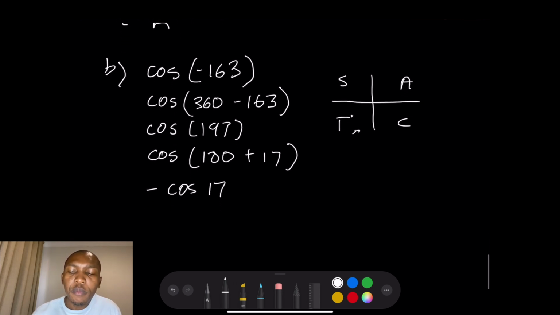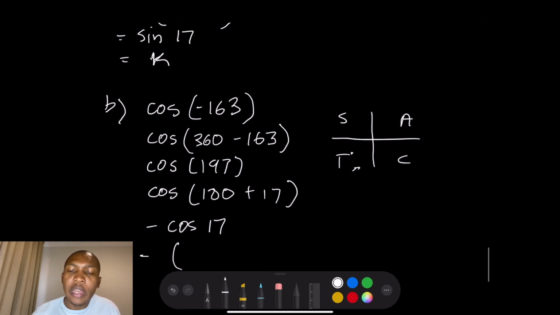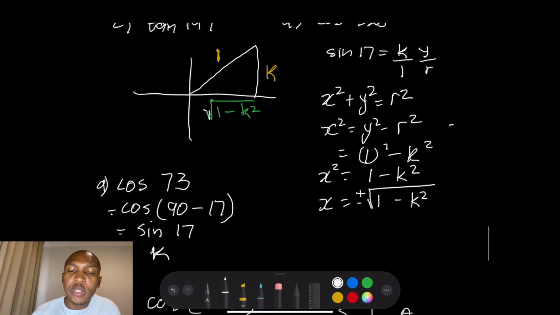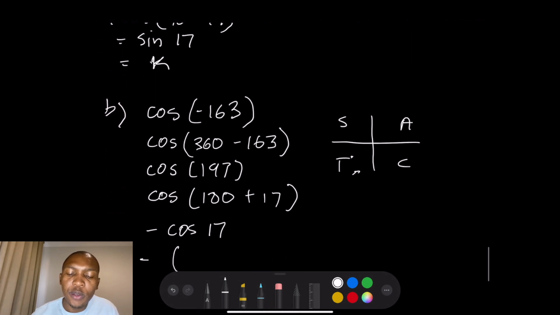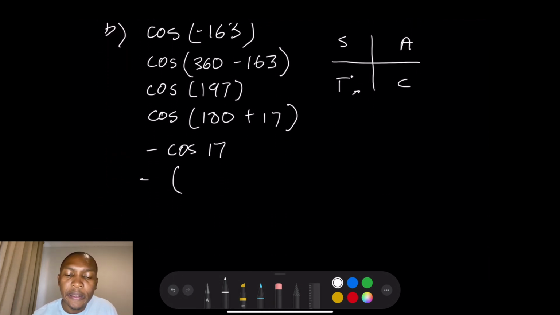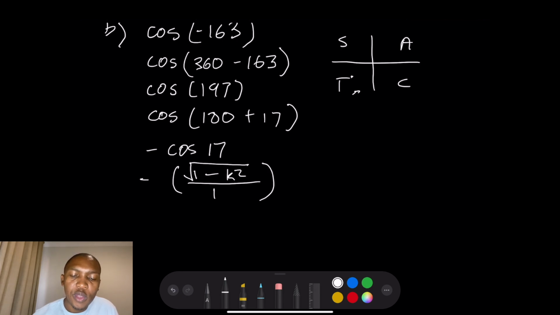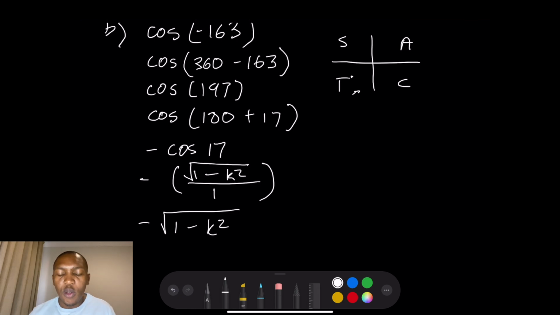Cos is x over r. Our x value is square root of 1 minus k squared, and our r value is that 1 there. So that's square root of 1 minus k squared divided by 1. And so that will be minus the square root of 1 minus k squared. All right, so that is our final answer for that one.